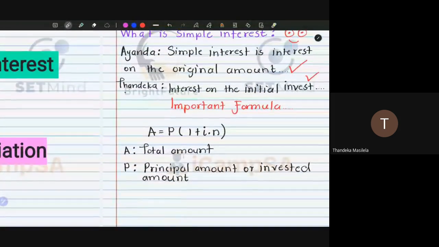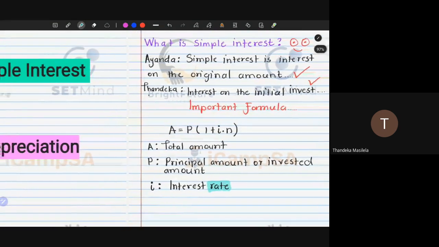So that is what P is. And I, we defined it when we were doing compound interest. It is the interest rate. And it is very important that we put in this term, guys, rate. The reason it's important is that in the last financial math session, on compound interest, they asked us a question to calculate the interest, and some of you confused interest and interest rate.